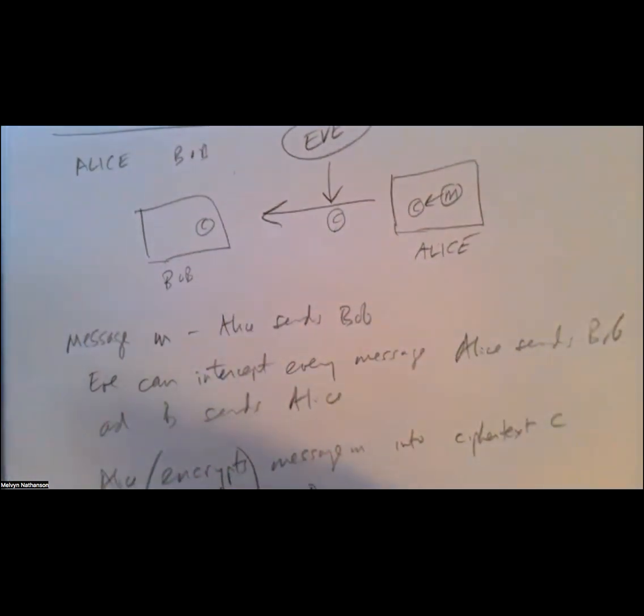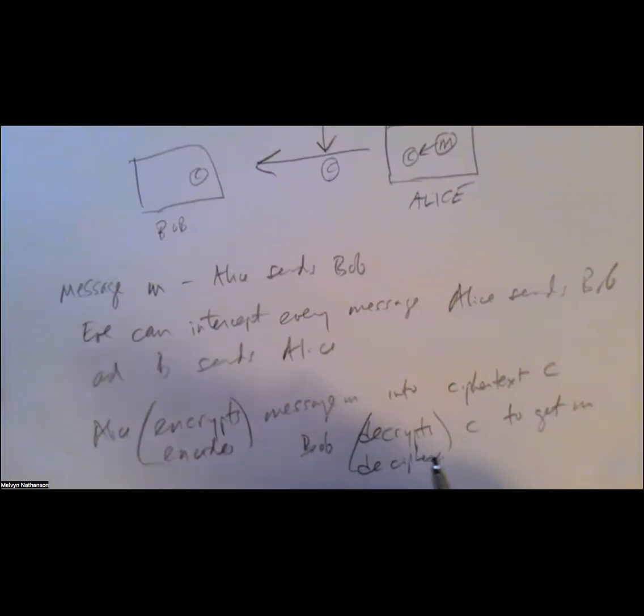And Bob decrypts or deciphers C to get M, to get the message. But Eve doesn't know how to do it.